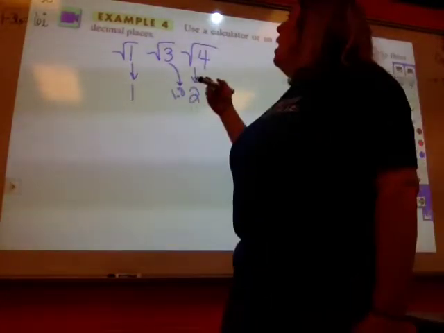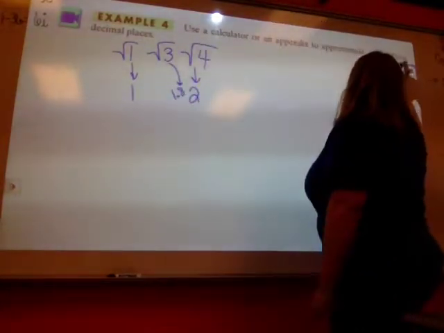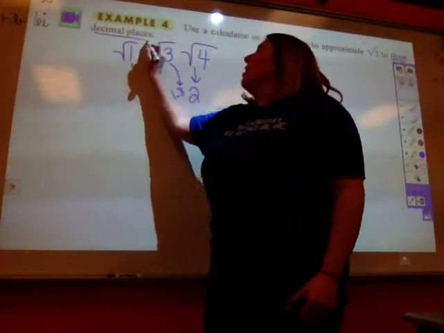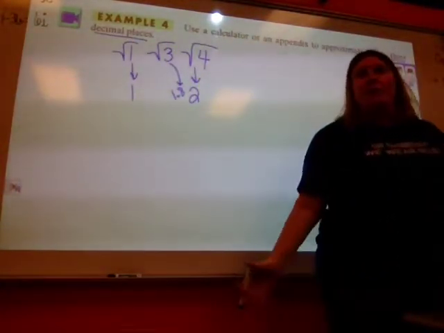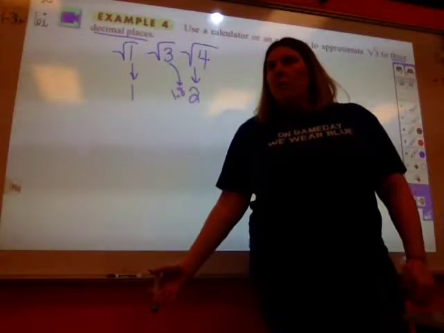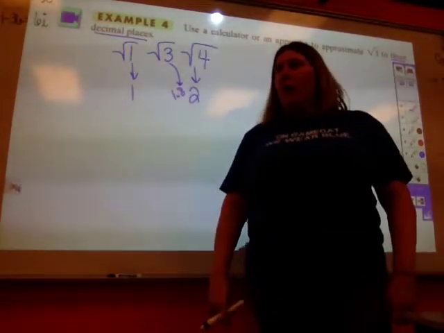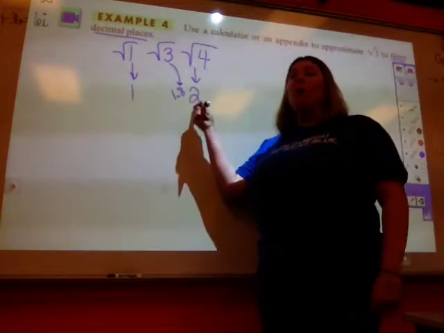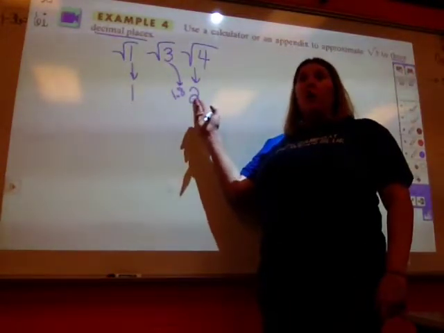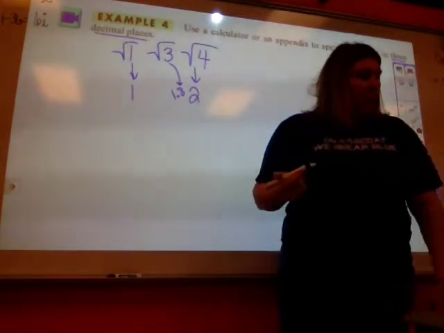Now, here's the problem. It said to go to 3 decimal places. I'm not cool enough to be able to guess it to 3 decimal places. So we're probably going to have to use our calculator. But we know it shouldn't be more than 2. Right? So here we go.